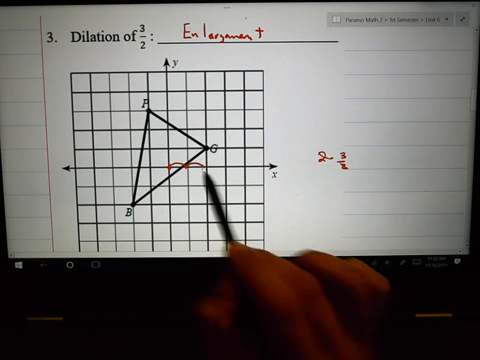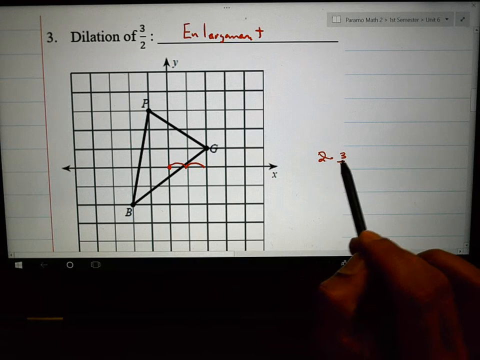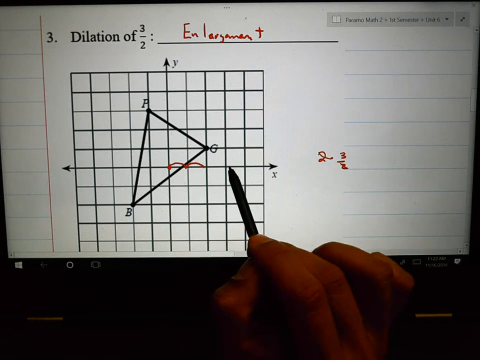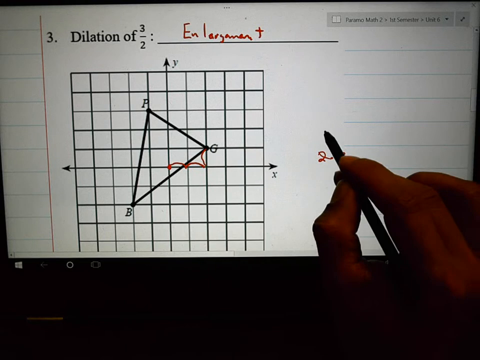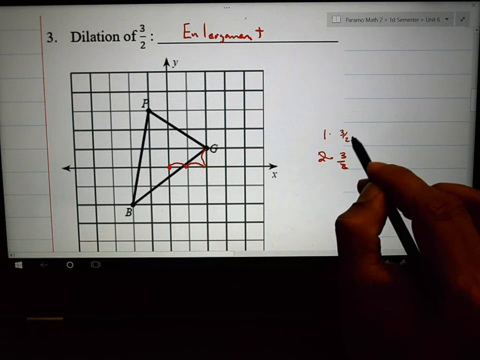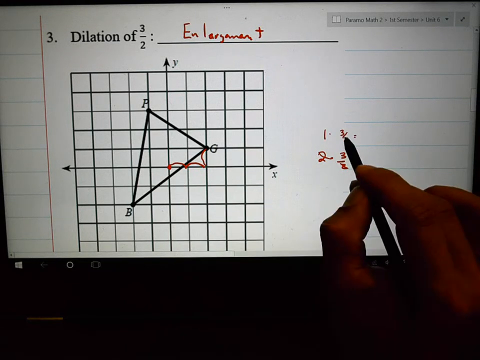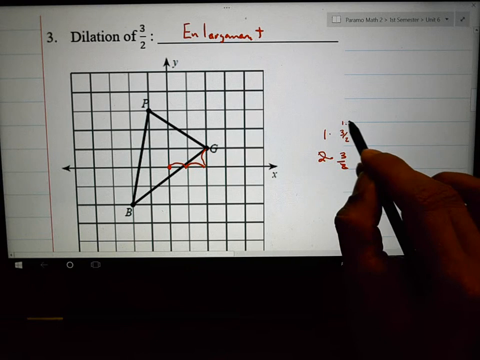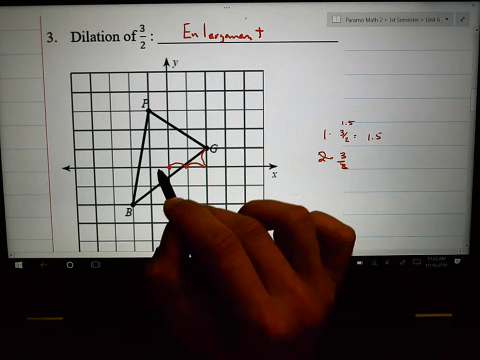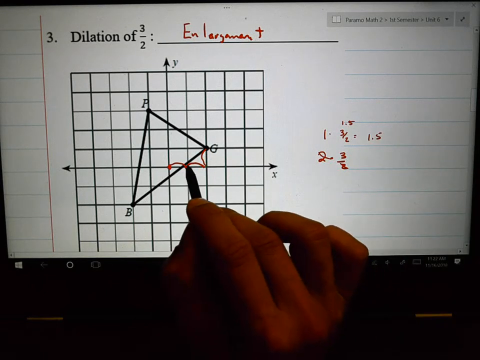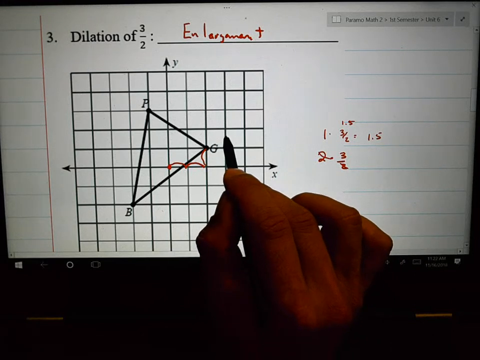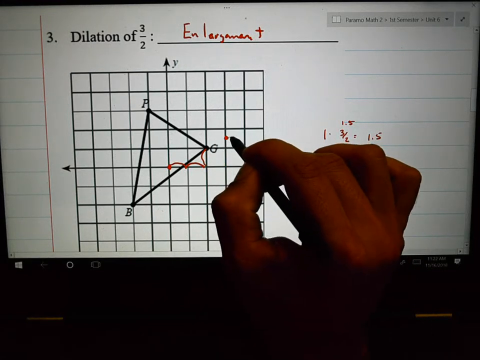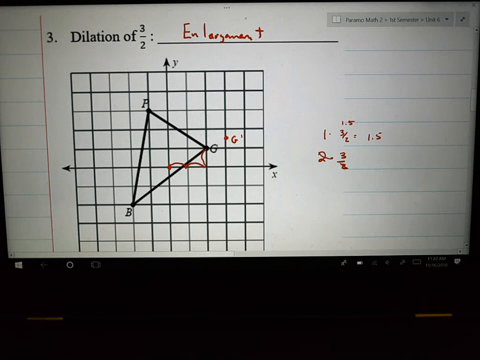Instead of 2 units times 3 over 2, it's going to be 3 units. Or instead of 1 unit, we're going to go 3 halves or 1.5 units. So I'm going to go to the right 3 and up 1.5. My new G prime should be right here.